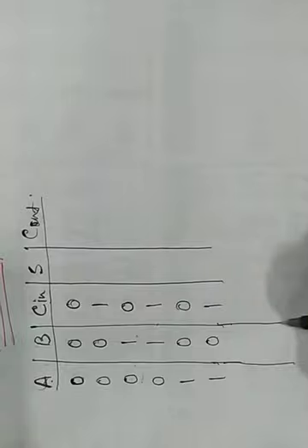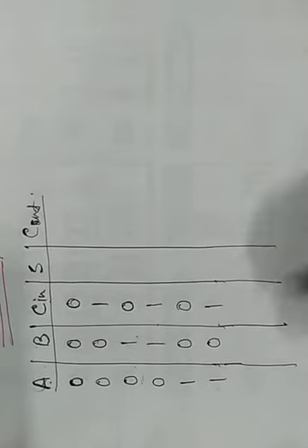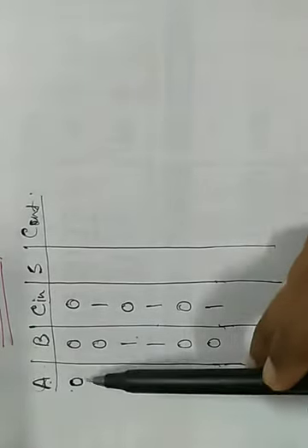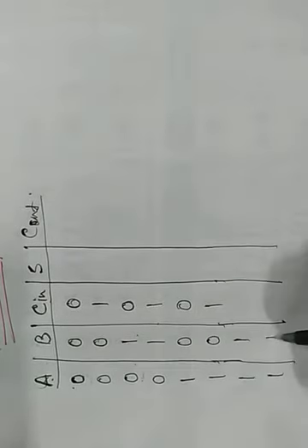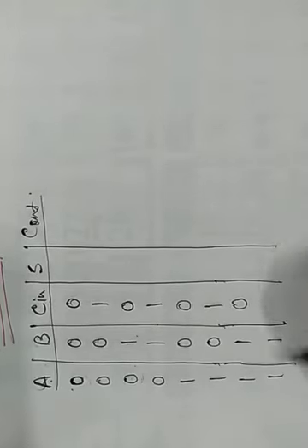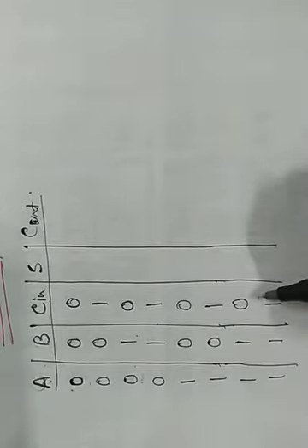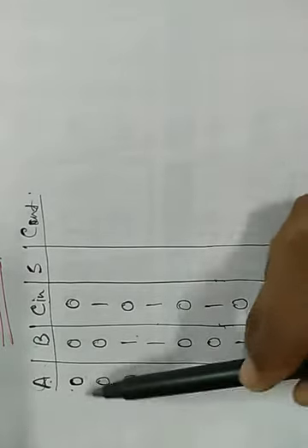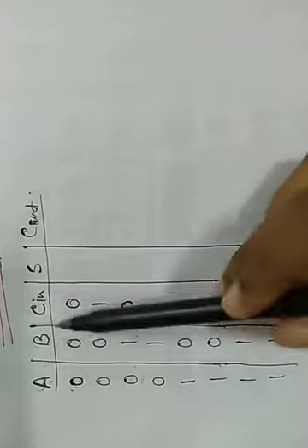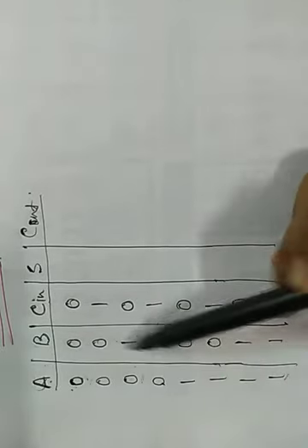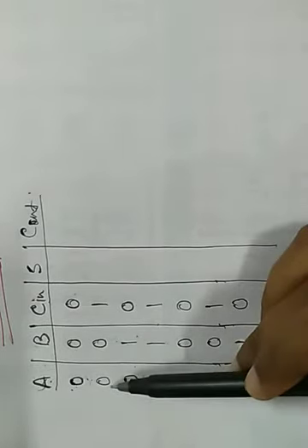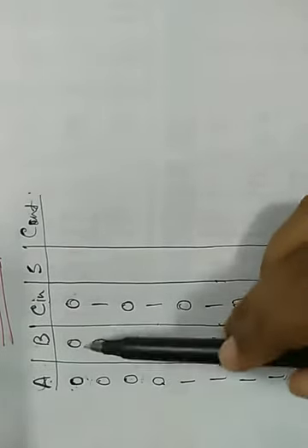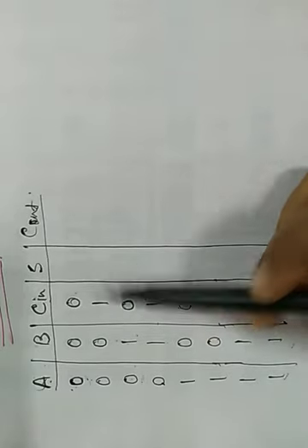Again, for the last combination 1, 1, obviously two cases there: one for carry 0, another for carry 1. This is the main logic concept, and you can see this is similar to the truth table of three variables, but the basic concept behind this is that there are two possibilities for each.